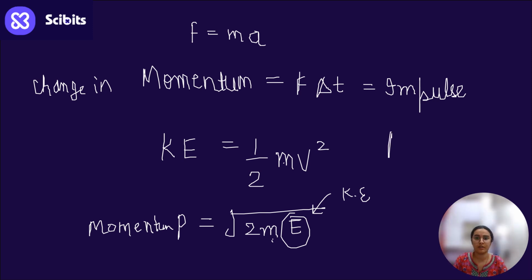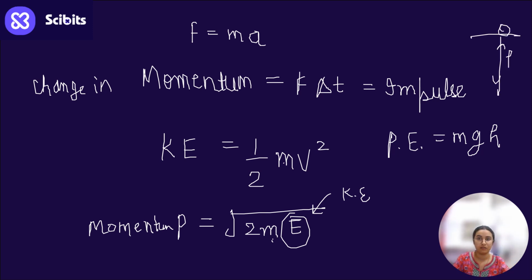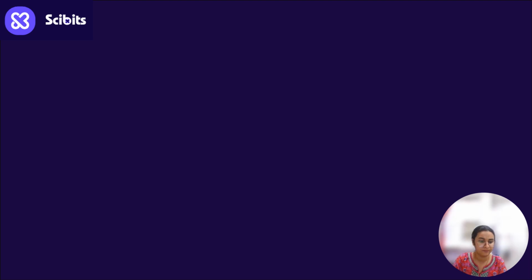And also the potential energy formula is mgh. m is the mass, g is the acceleration due to gravity, and h is the height at which the object is resting. And there is one more thing, that is the coefficient of restitution.